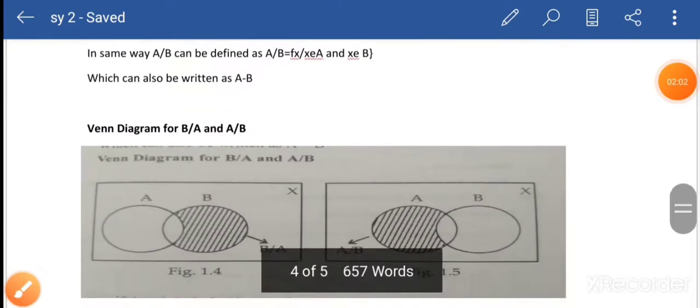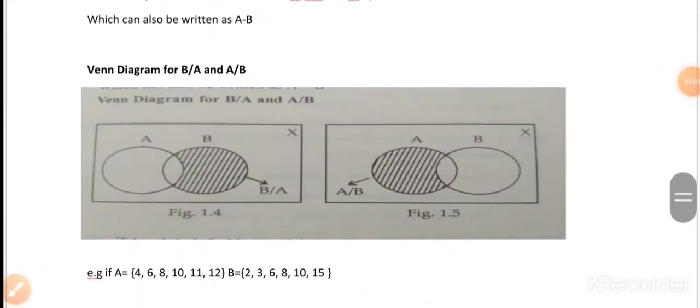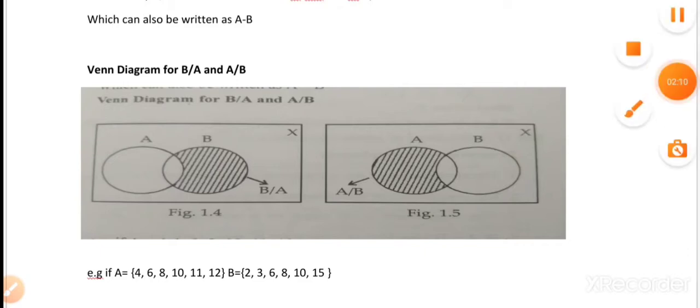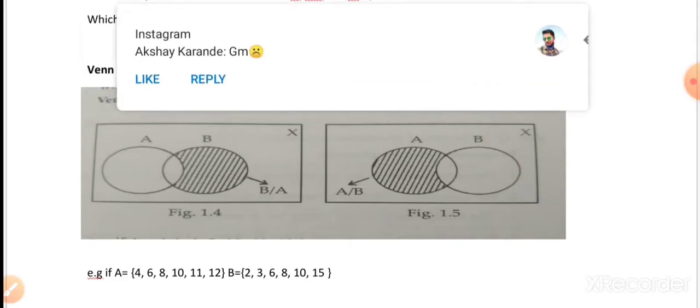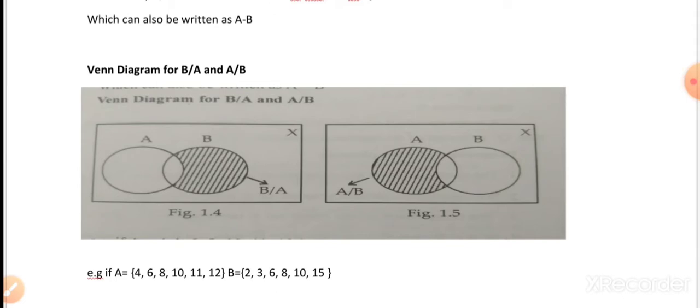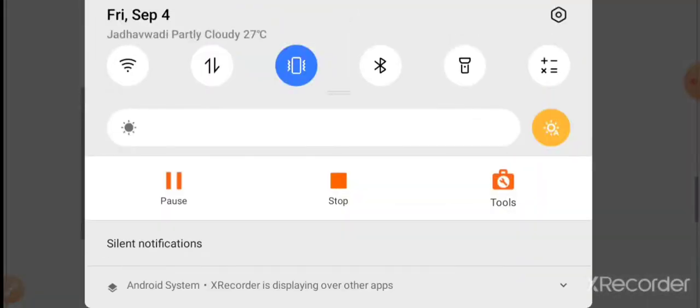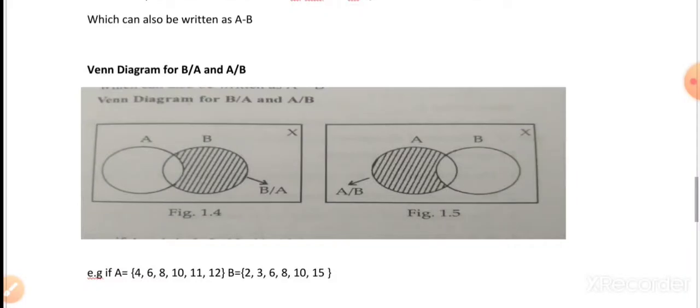Here B minus A means B intersection the complement of A. Observe: these are the elements present in B but not present in A. Here 2 is, 3 is, 6 is present in A, 8 is present, 10 is present, 11 is present, and 15 is not. So only 2, 3, 15 are the elements.